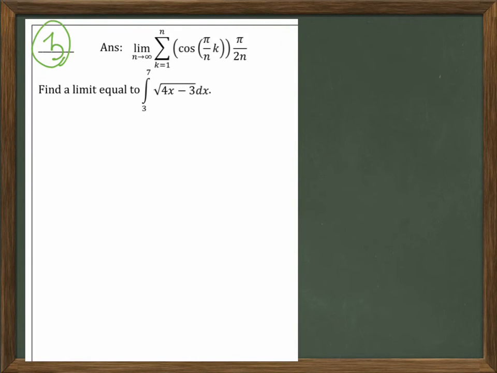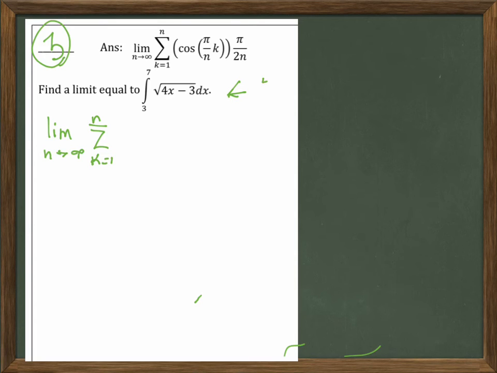So number 3 wants a limit equal to this. So we would say the limit as n goes to infinity of the sum of k equals 1 to n. Let's look at what we have from 3 to 7.